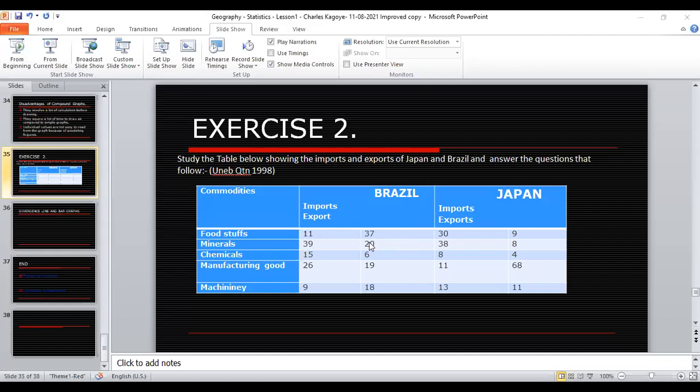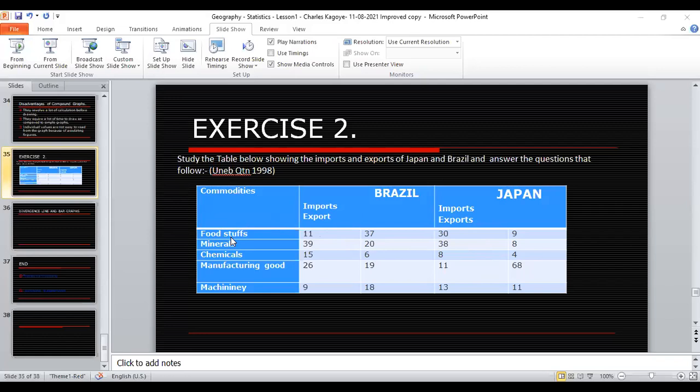Is there anything in common? If it is not, then you say, this one, export is high compared to the other one, something like that. So you should be able to look at this. Sometimes they specify foodstuffs, or they specify a particular year, something of that kind.